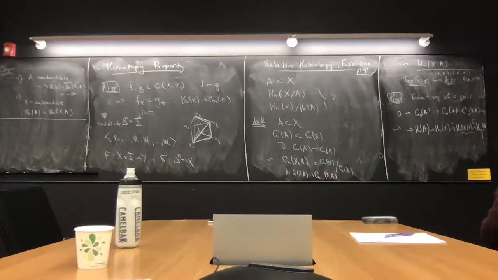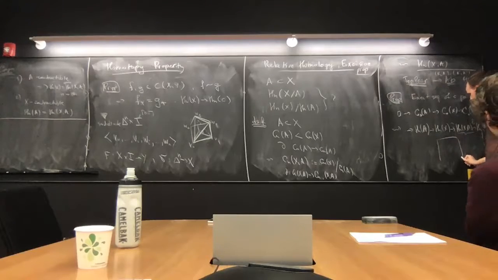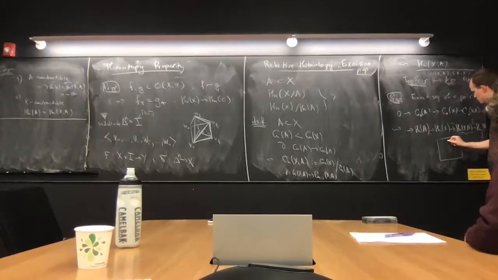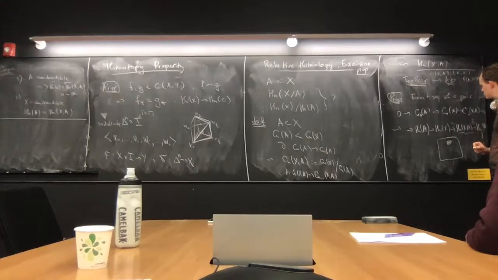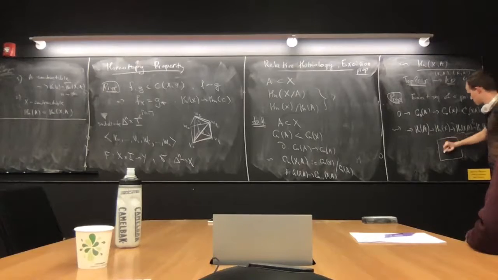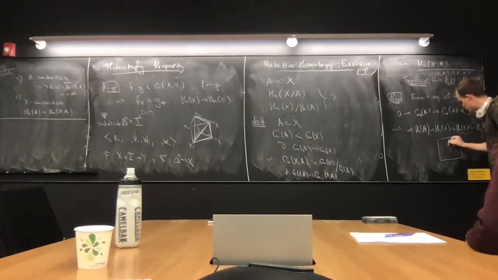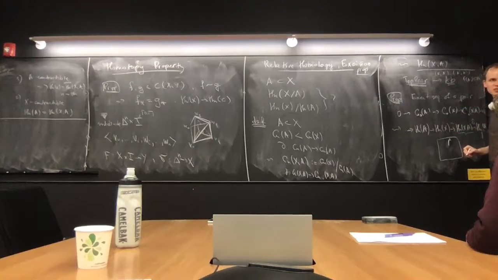So let's say this is A. For instance, if this is A, like a stick, an interval over here, then normally this chain would not be a cycle in X, but relative to A it is, because it differs from a cycle only by a chain in A.